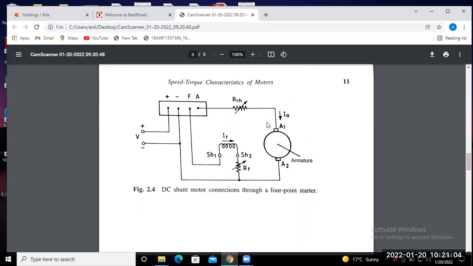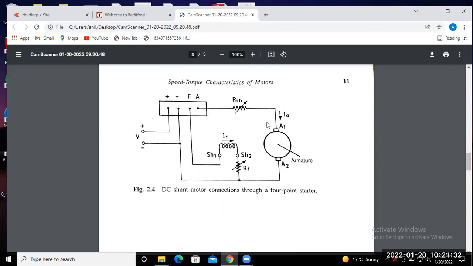Now you may know the torque equation in the DC machine. What is the torque equation? How can we write it in terms of flux, speed, and the back EMF equation? How much EMF is induced in the DC machine? You may know these things.